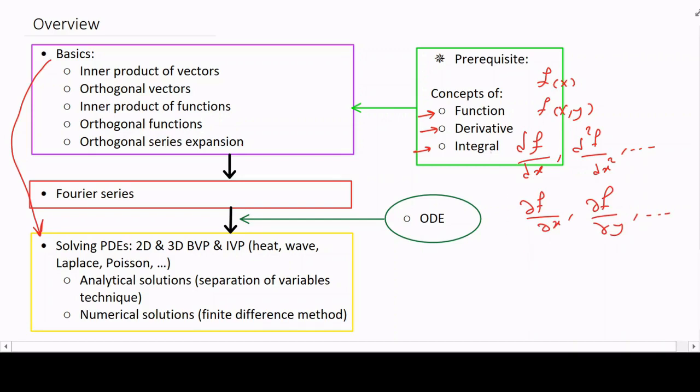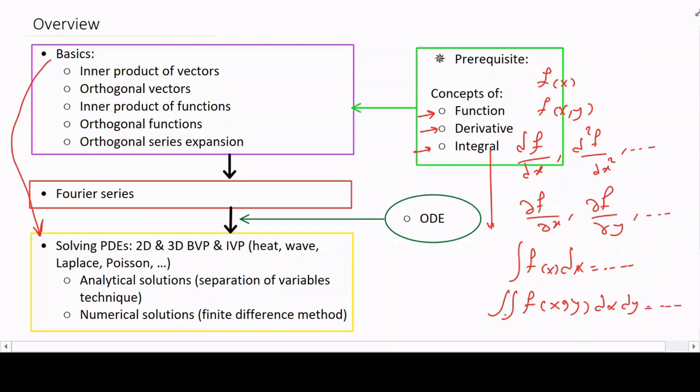You need to also know how to calculate the integral of a function like f(x), so integral f(x) dx. And similarly you need to know how to calculate multiple integrals. For example, the double integral of f(x,y) dx dy.